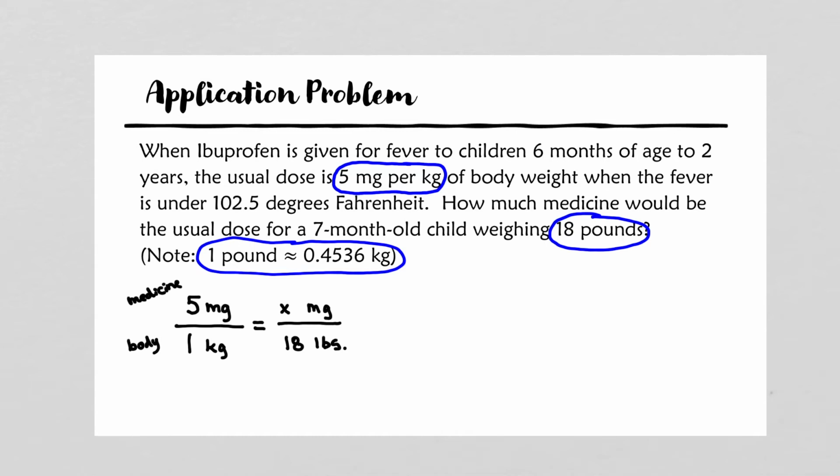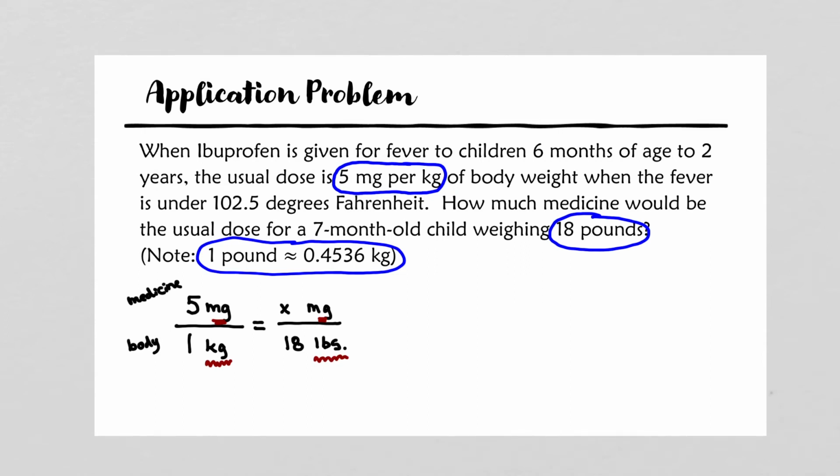So we have a child that weighs 18 pounds, but we know what our dosage is, or our relationship for our dosage. Now, in order to solve a proportion, what must be true? Our units must agree. Right now, our numerator is good. We have milligrams on the left and the right corresponding to the medicine. The issue then is the denominator, 1 kilogram versus pounds.